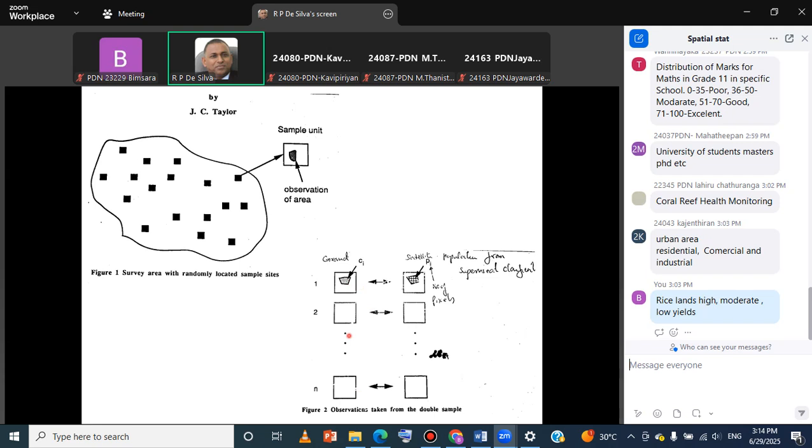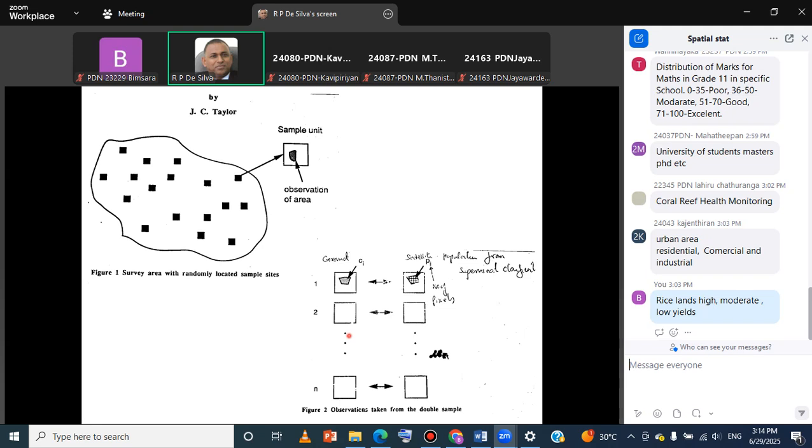Now our issue is, if each sample area is this much, you have n times this much area. If you have paddy of this much in n samples, what is the total paddy extent in the entire area?